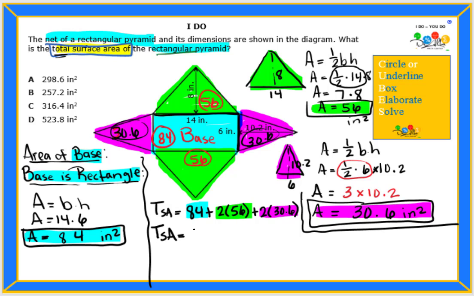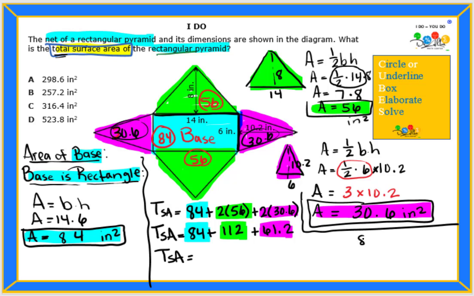So here we're still going to have 84 plus 112 plus 61.2. All that is coming from the area of the base, the combined area of the 2 larger triangular faces, and the combined area of the 2 smaller triangular faces. So now we can add them all up.